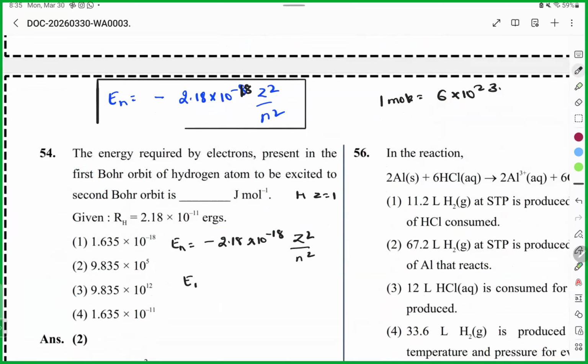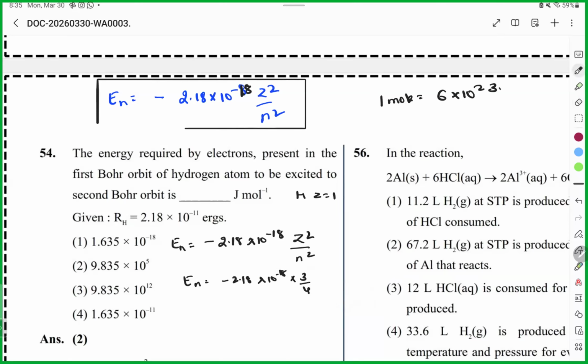So it will be equal to minus 2.18 into 10 raised to power minus 18, 1 by n1 square, n1 value is 1, minus 1 by n2 square, n2 value is 2, 2 square is 4. So 1 minus 1 by 4 will be 3 by 4. Correct? This will be your energy, 3 by 4.